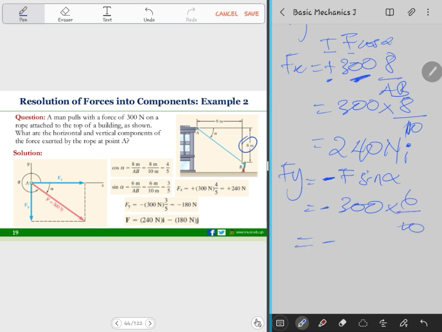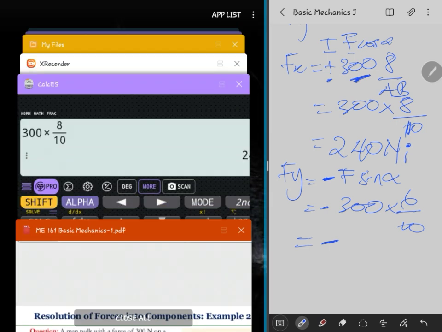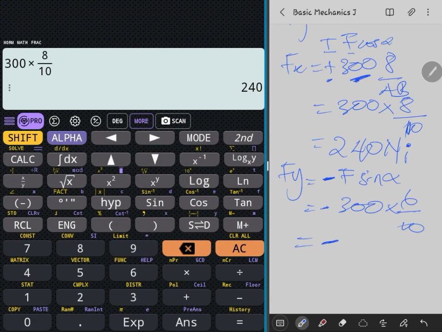Always remember the negative, because if the negative is not there, it's a whole new something that you've written. So let's see: 6... 180 newtons. Horizontal, vertical component, so J. So these are the 10.